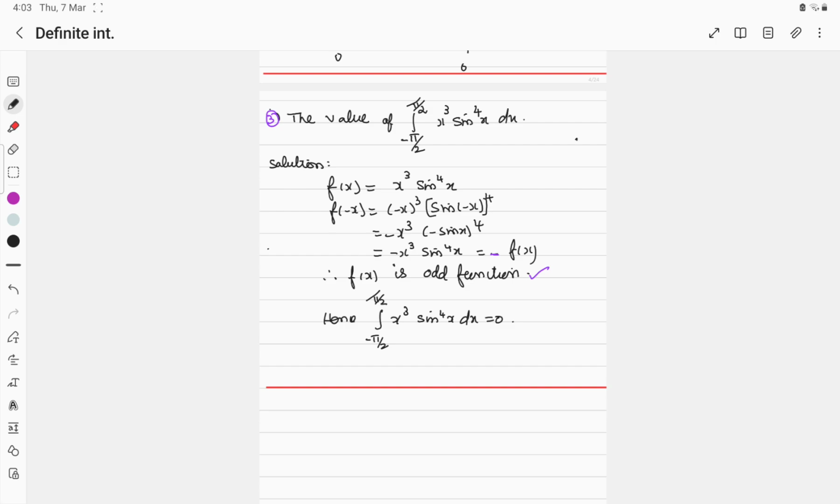Then f of minus x we get minus x cube sin power 4x, that is minus f of x. If f of minus x is equal to minus f of x, then f of x is an odd function. If f of x is an odd function, then minus pi by 2 to pi by 2 x cube sin power 4x is equal to 0.